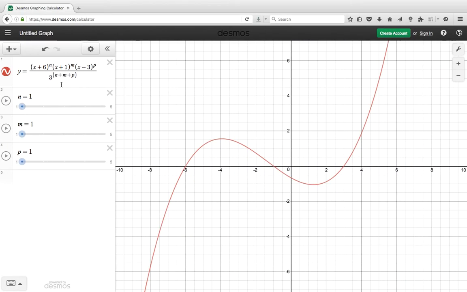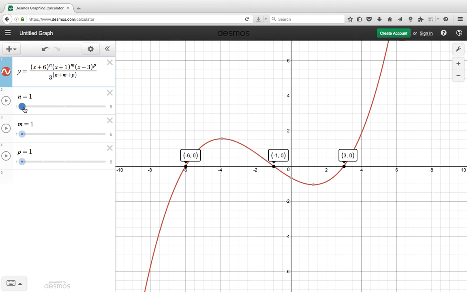But even if we make it more complicated, here's a function where I'm changing the multiplicity of each of these roots. This slider changes the multiplicity of this root of negative 6 comma 0. The second slider changes the multiplicity of negative 1 comma 0. And then the third slider changes the multiplicity of 3 comma 0.